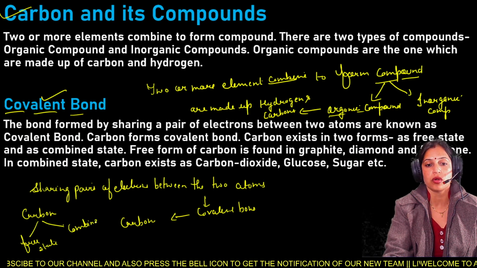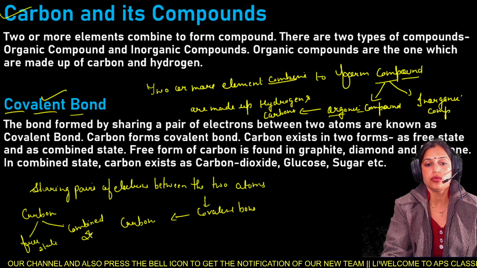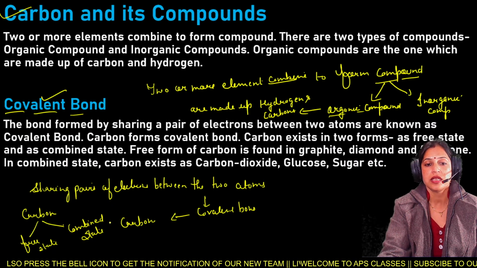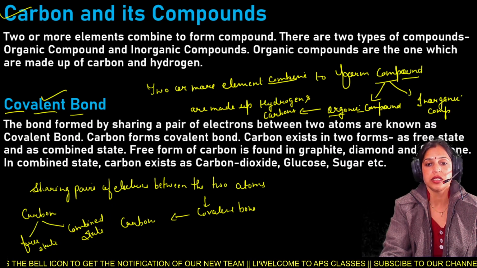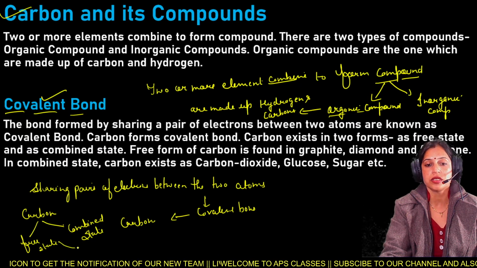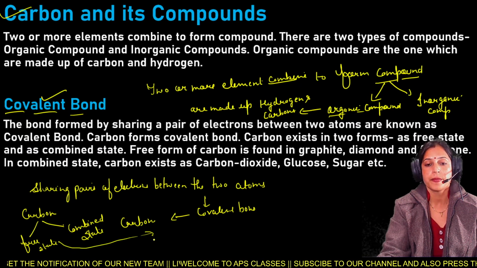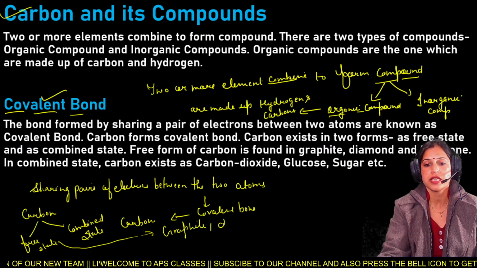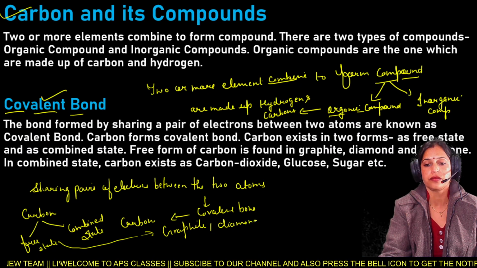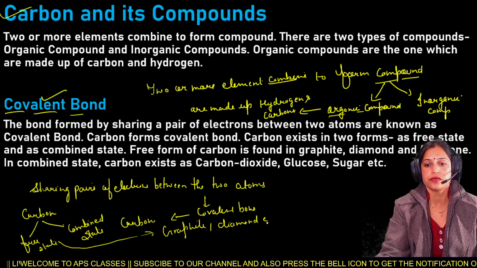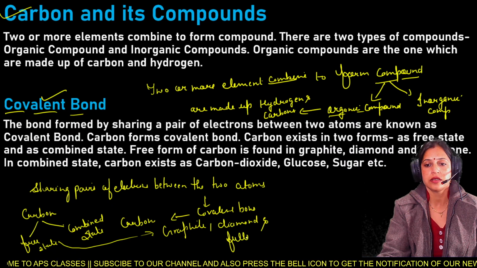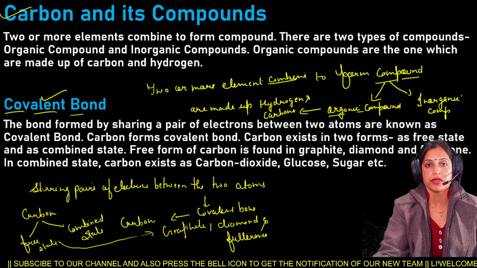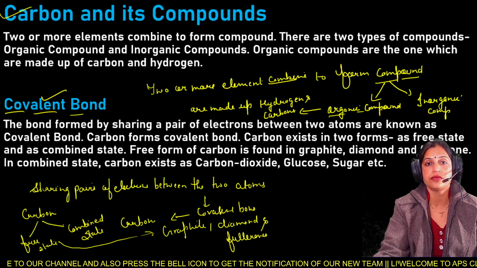The free state of carbon is found in the form of graphite, diamond and fullerenes.